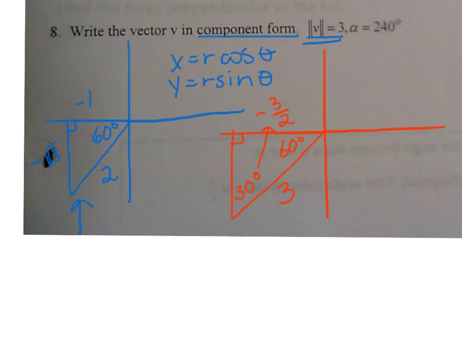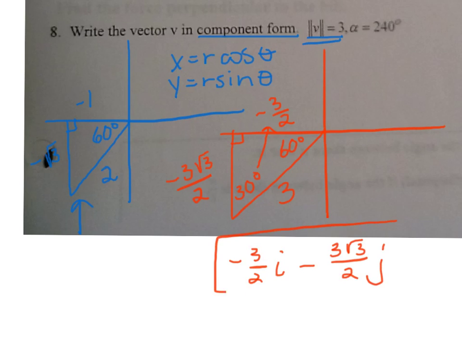And the one across from the 60 is root 3 times what we just found. So 3/2 root 3 would look something like that. So if I write it in component form, it would be negative 3/2 i, so the i is in the x direction, minus 3 root 3 over 2 j. So that would be kind of a geometry approach.